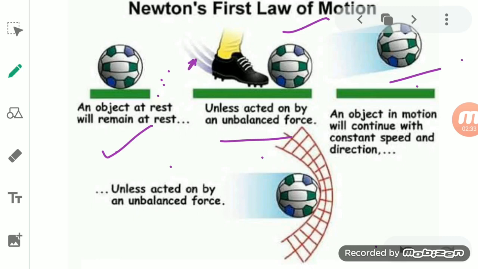When you apply an external force to the object which is at rest, it will start moving, and again when you apply an external force on it, it will change its speed or its direction. So an object will not change its state of rest or of motion until and unless an external force is applied to change its state.